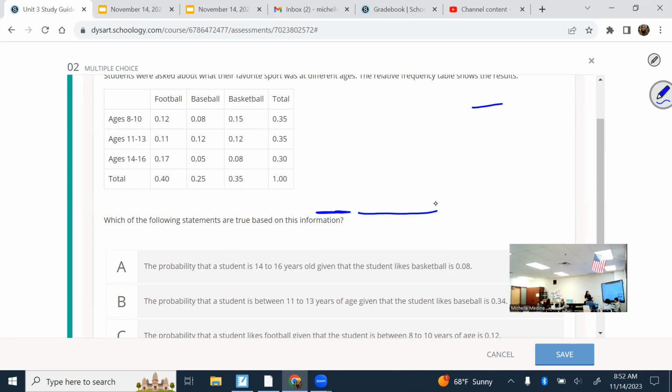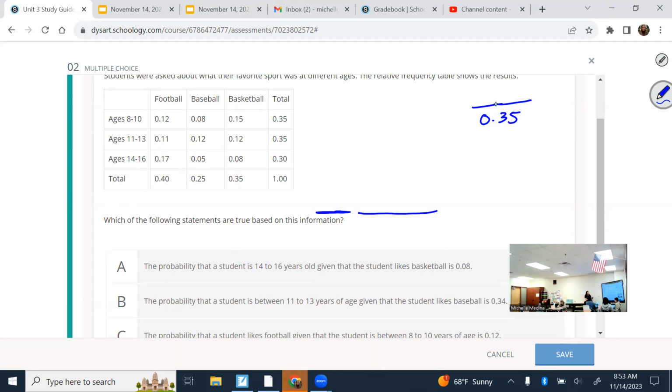Good, 0.35. Again, I know it seems weird because it's a decimal, but we just have to go based on what they give us. Here's the total that like basketball. So given that the student likes basketball, that's my denominator.